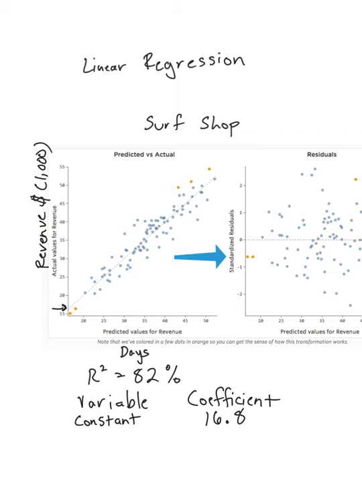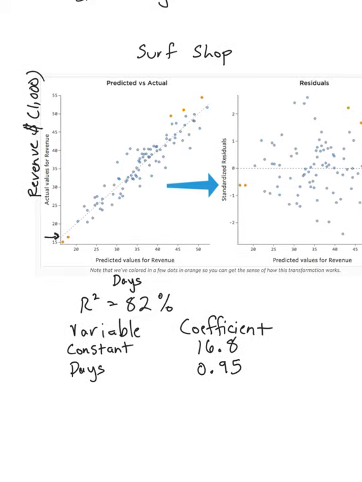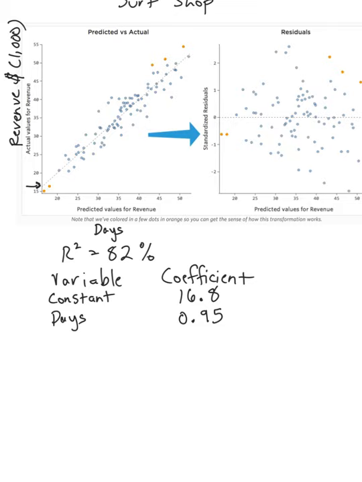And let's give our slope of days as 0.95. All right, so what does all this really mean?